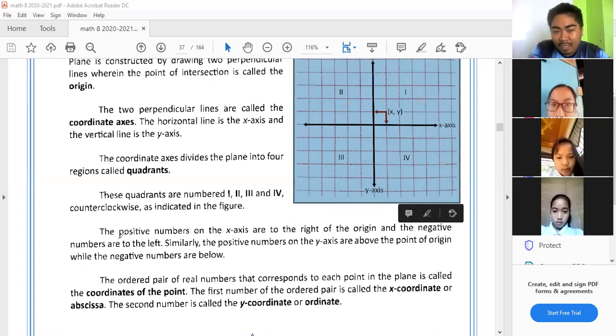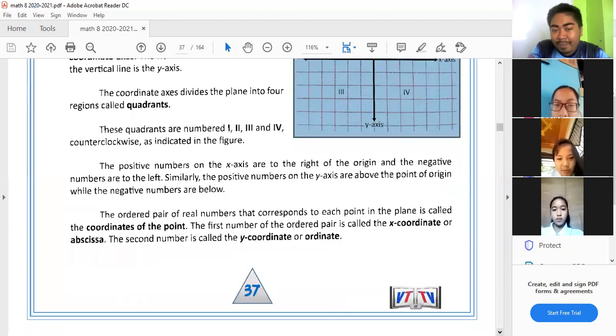Okay. Ayan. So, tapos na natin yan. The ordered pair of real numbers that corresponds to each point in the plane is called the coordinates of the point.